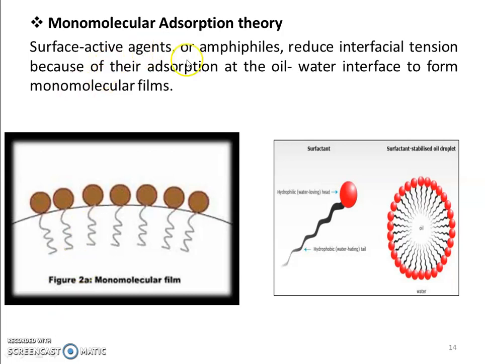This surface active agent we call an amphiphile. Thus, they are hydrophilic as well as lipophilic, meaning they have a hydrophilic head and a lipophilic tail. So when you add the emulsifying agent, it forms a monomolecular layer, due to which the interfacial tension is reduced and it leads to the formation of an emulsion.